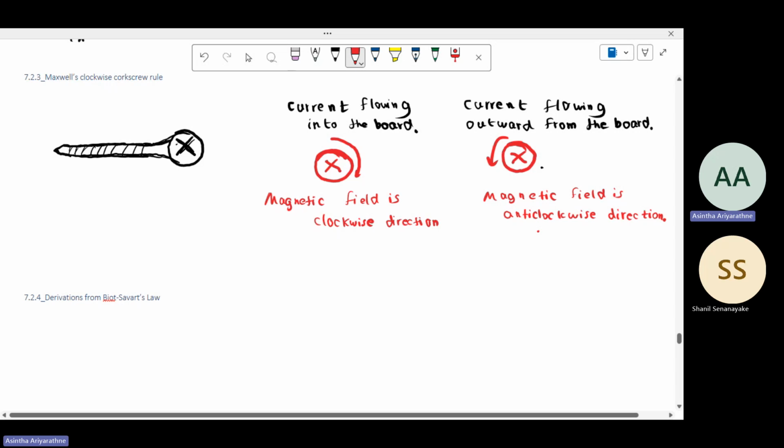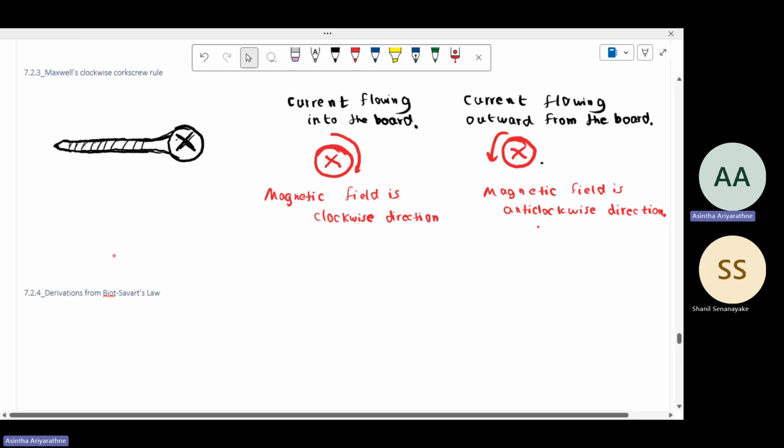So this is almost identical to the right hand rule. When our thumb is pointed towards the direction of current, the other four fingers give us the direction of the magnetic field.